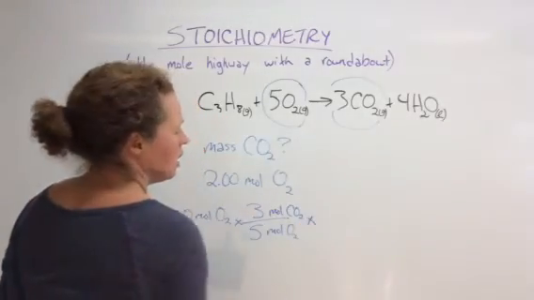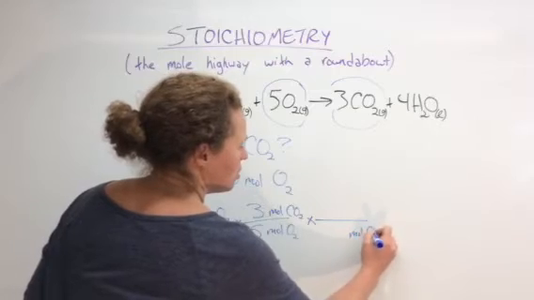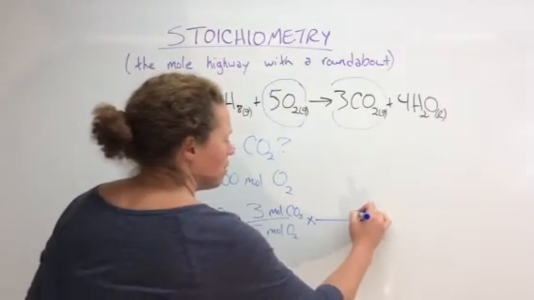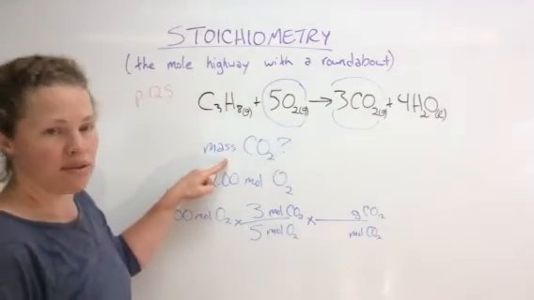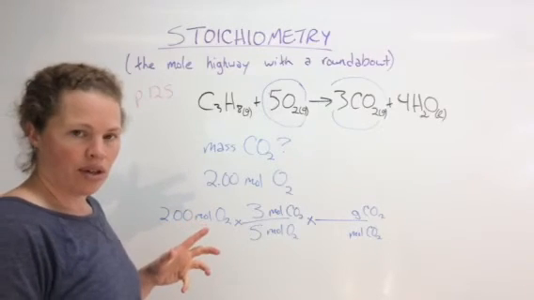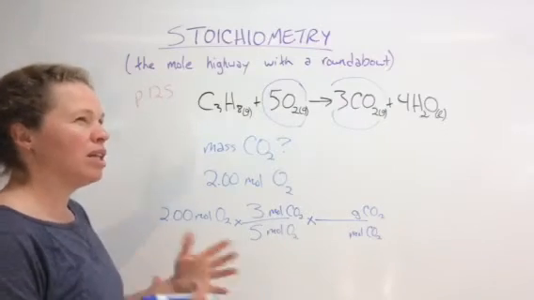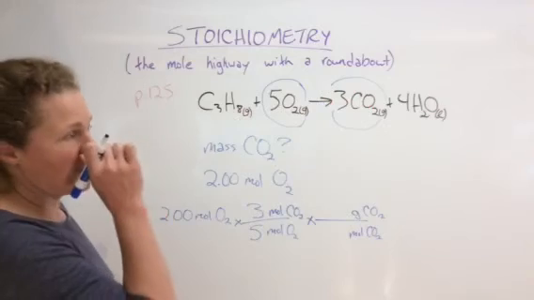And now I'm going to move on, because I don't care really about the moles of CO2. I care about the grams of CO2, because it asks me for the mass of CO2. Well, you can look at your previous stuff from Unit 5 and go, oh, what relates moles and grams? Oh, grams per mole, which is up on the periodic table.